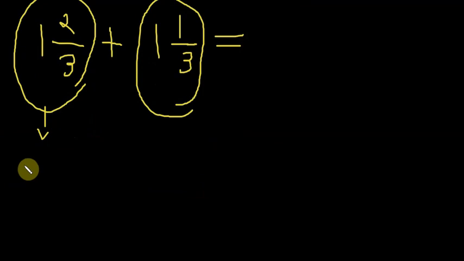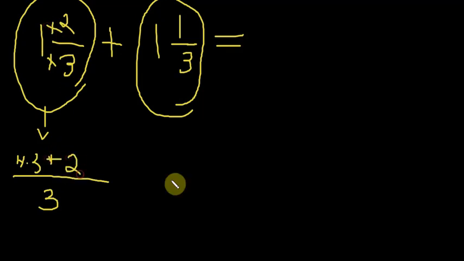We'll write down our 3 under there. We say whole number, which is 1, times the denominator plus the numerator, plus 2.